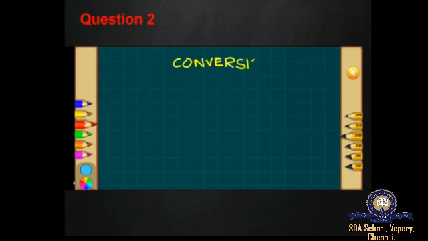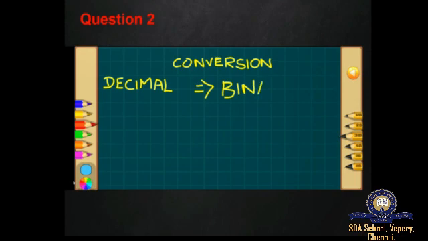Question 2 asks for the conversion of a decimal number to a binary number. What is the decimal number here? Yes, 85 is the decimal number.